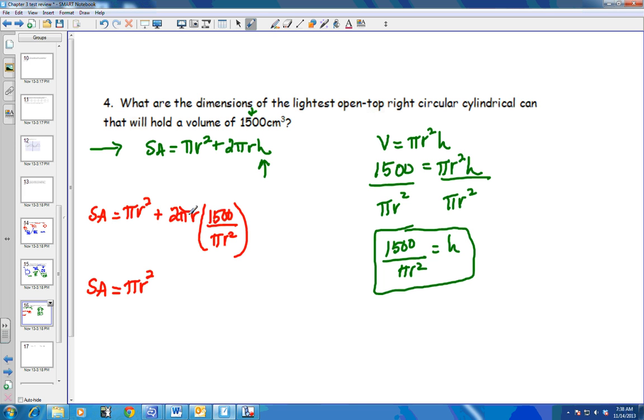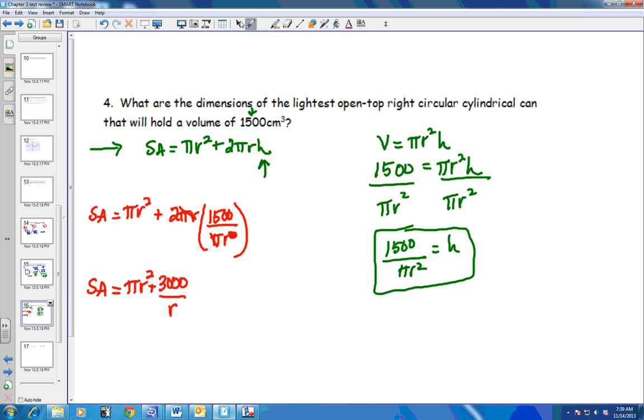Do you see that this pi r will cancel with this pi and one of these r's? 2 times 1500 is 3000 over r. I need pi r squared. That's a plus sign in between there.